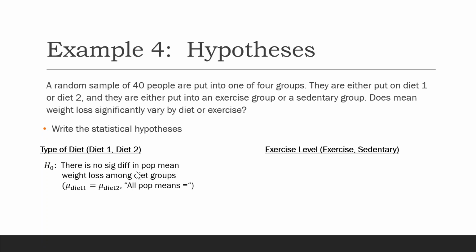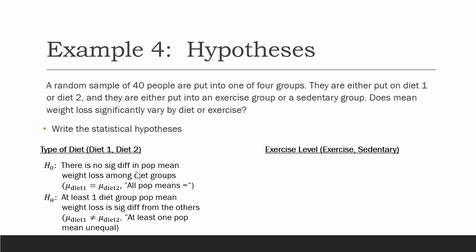The alternative hypothesis is that there is a significant difference, or that those means are not equal, or at least one population mean is unequal. Now, I wrote the at least one population mean is unequal to accommodate for cases where we may have a variable with more than two groups, right?